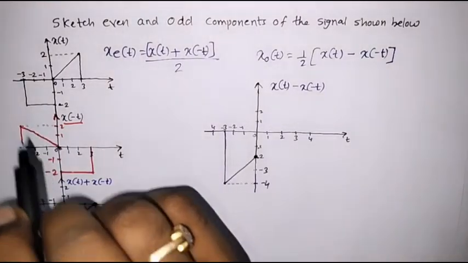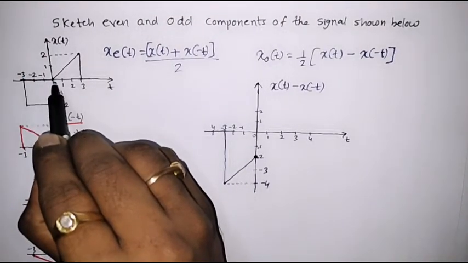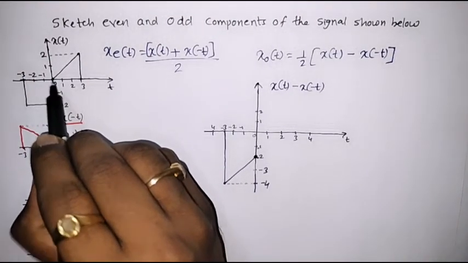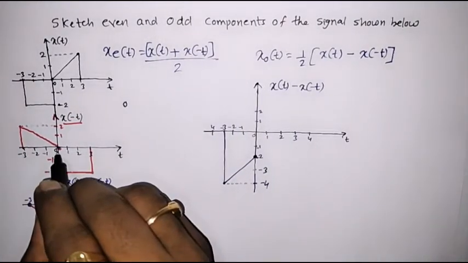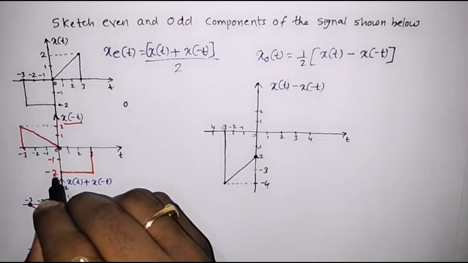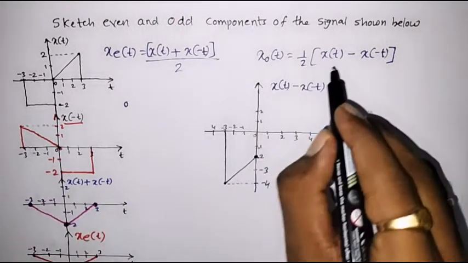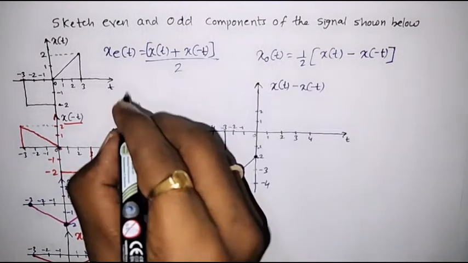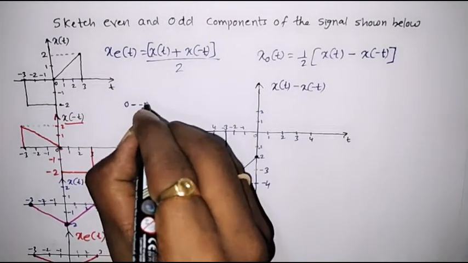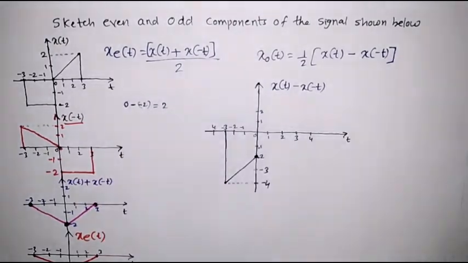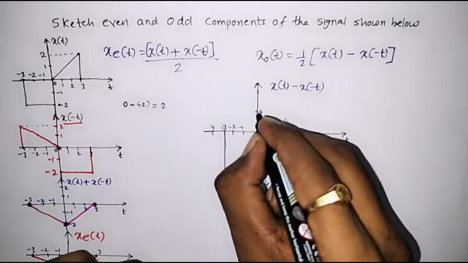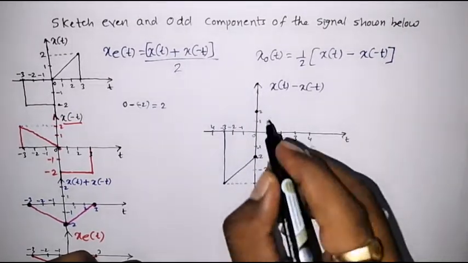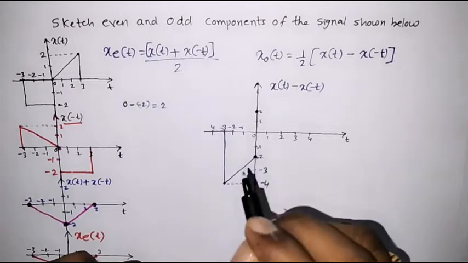So here we observe at t equal to 0 the amplitude of this signal is 0. At t equal to 0 the amplitude of this signal is -2. So we are supposed to perform 0 minus of -2, which is nothing but 2. So at t equal to 0 the amplitude of the signal is 2, that is this point. I'll point here, this is 2.